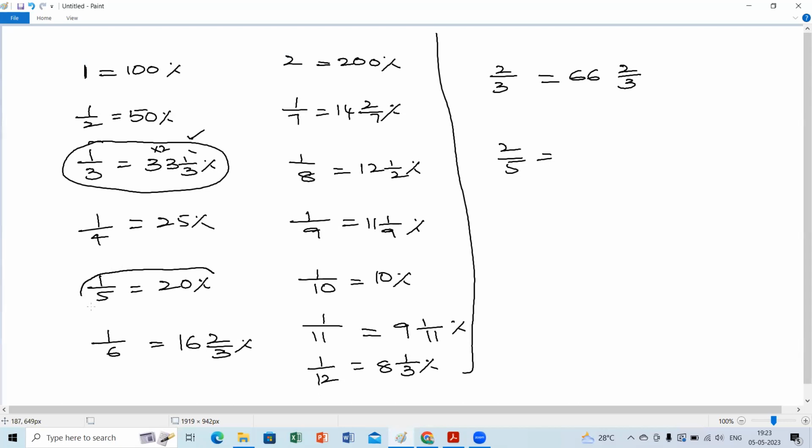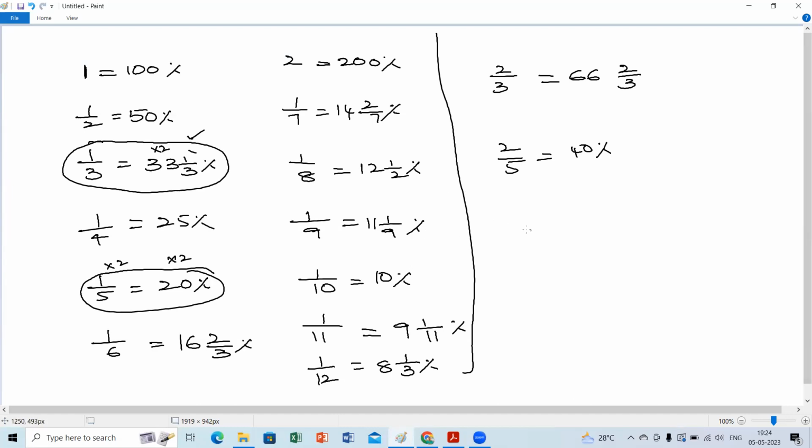What is 1 by 5, children? 20. So if you multiply with 2, 2 into 20 is 40. Please be aware, children.